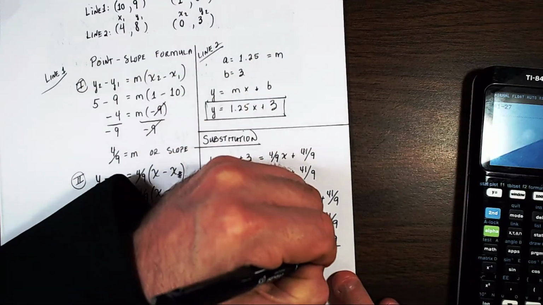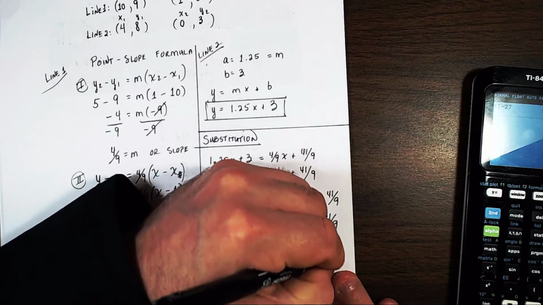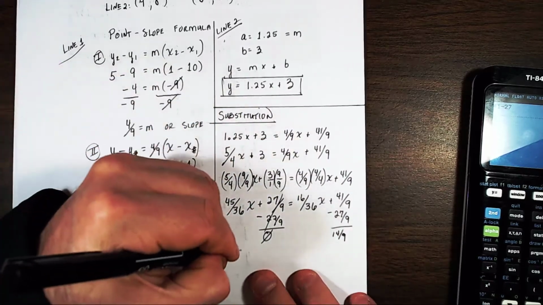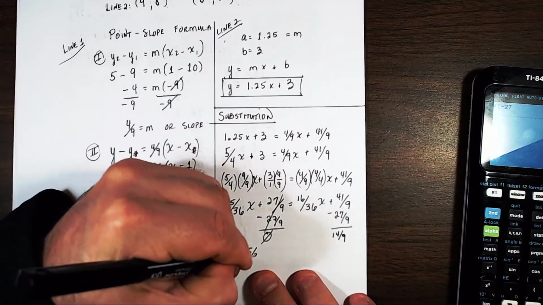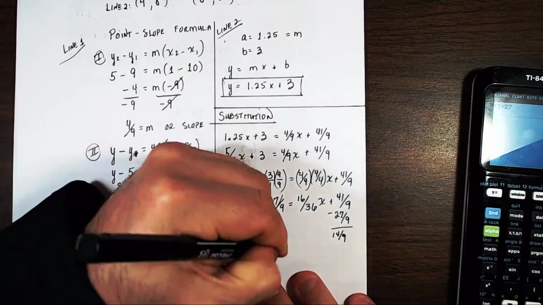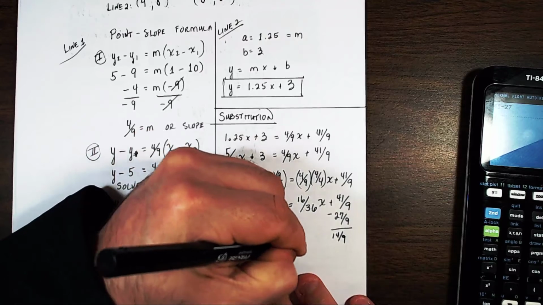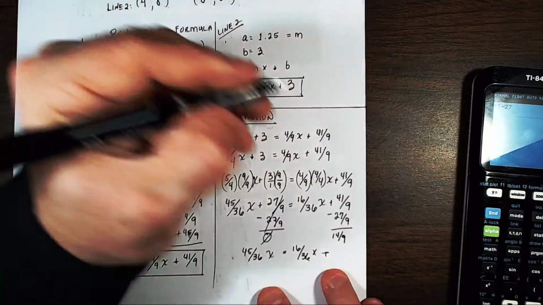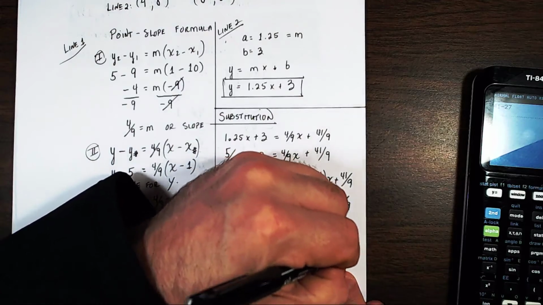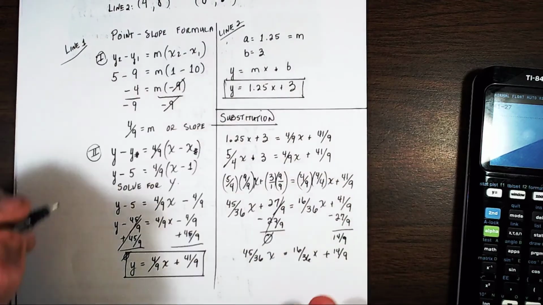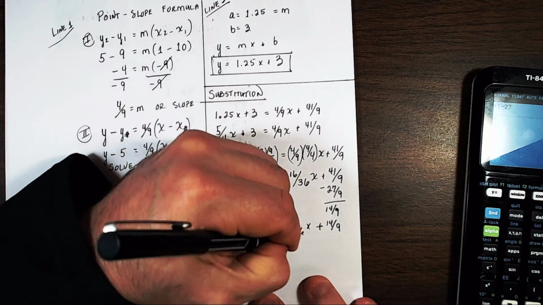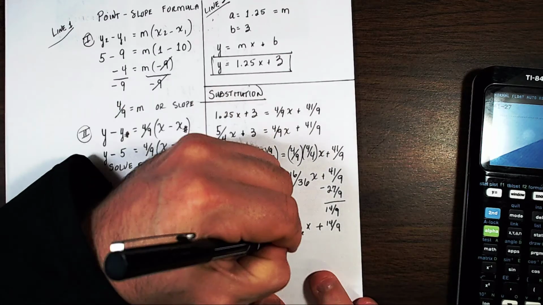This gives me 14/9. Okay, so now I'm going to rewrite my expression. 45 over 36x equals 16 over 36x plus 14/9. We're close. So I need to subtract 16/36 from the right side and the left side.